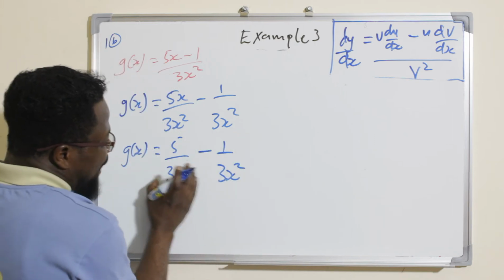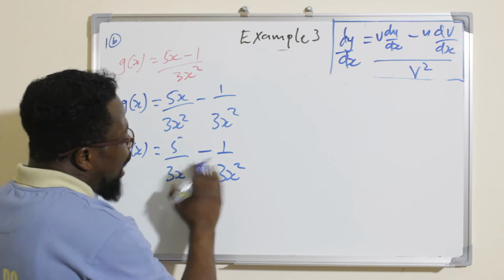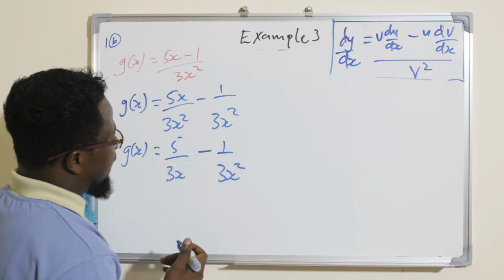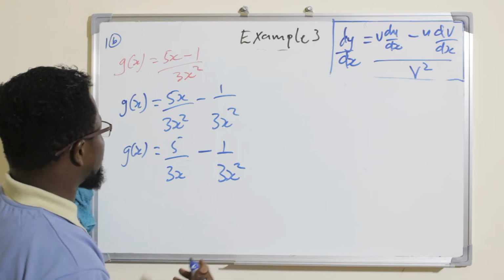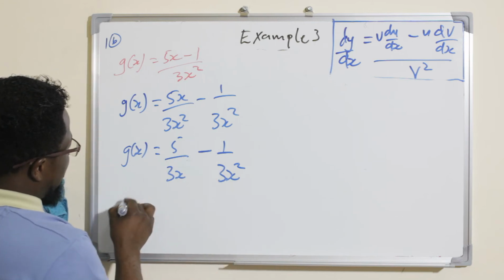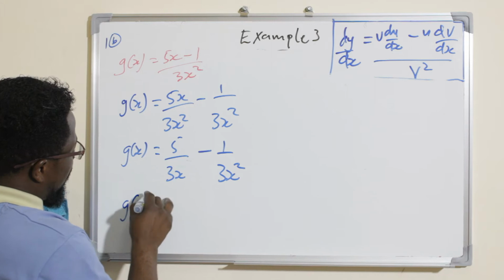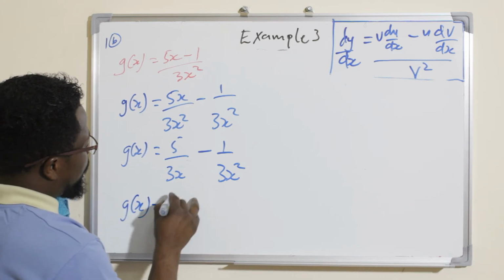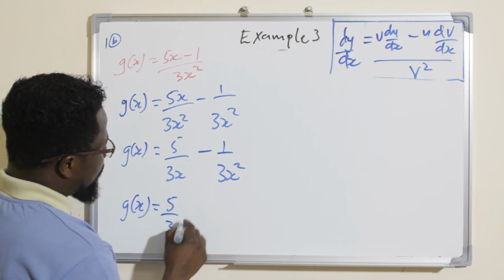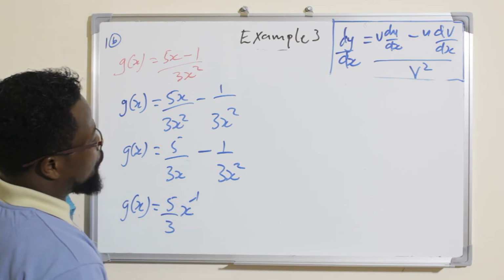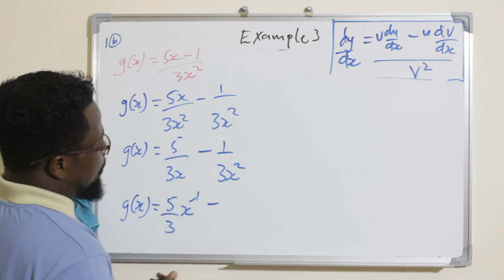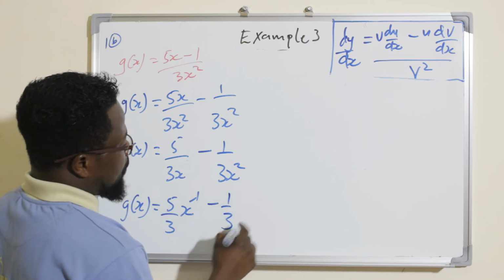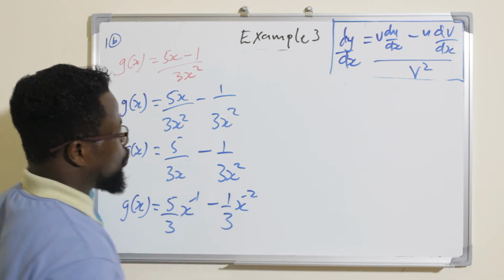Now I'm going to write this as a negative power, or negative exponent. So I can write g of x as 5 over 3 x exponent negative 1, minus 1 over 3 x exponent negative 2.